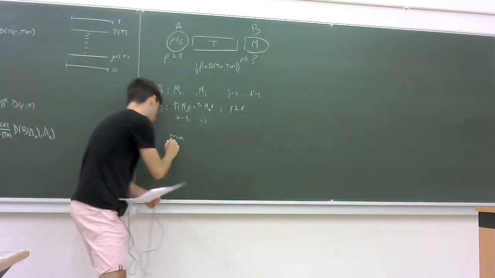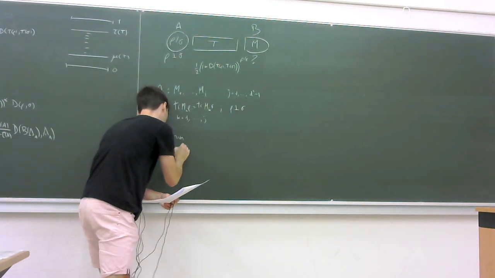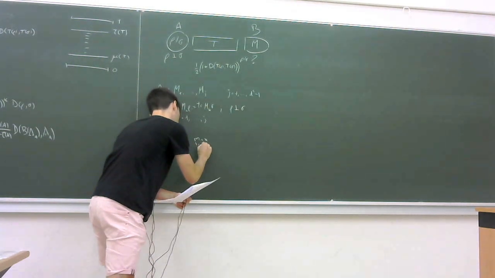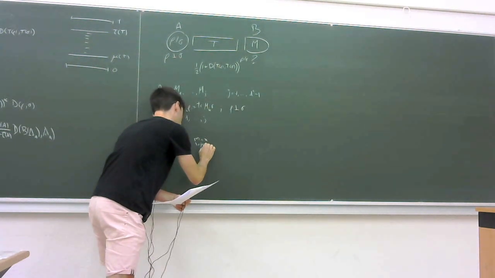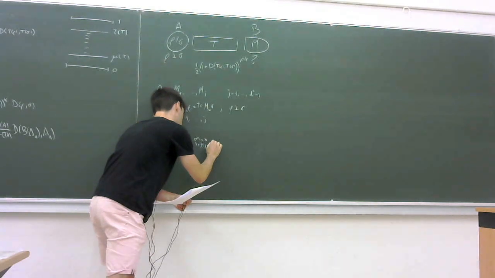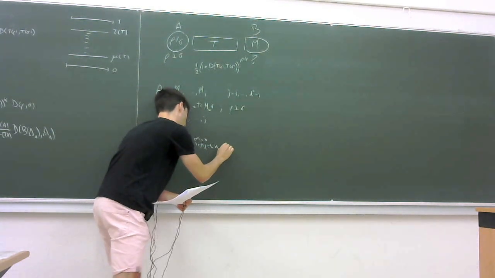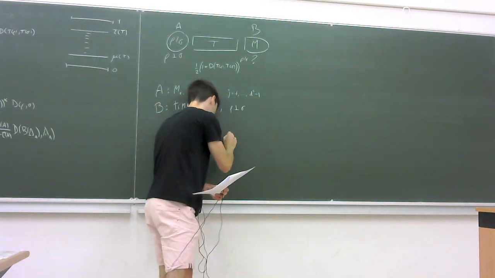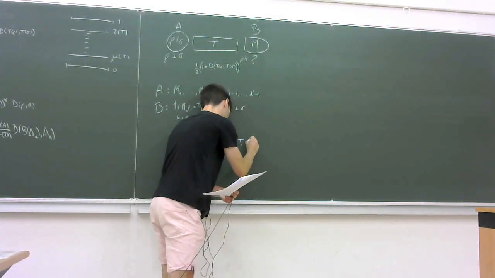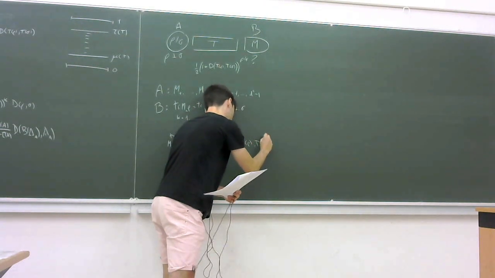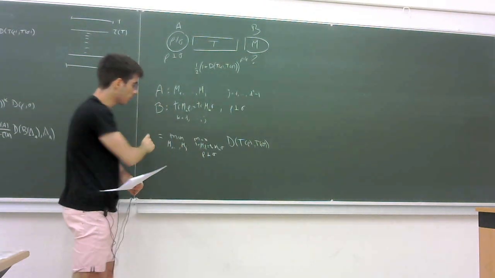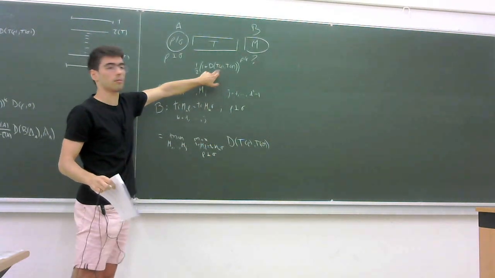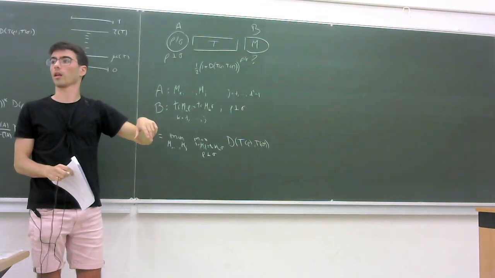So let's write it. So this M1 to MJ. This is a bit small, sorry for that, but I will read it in a moment. So this quantity is related to the probability that Bob has to guess the original state.